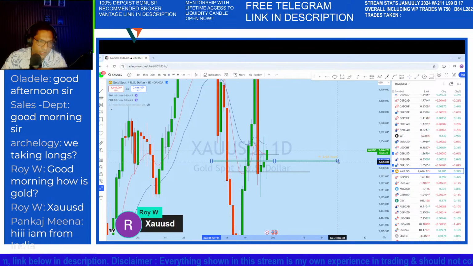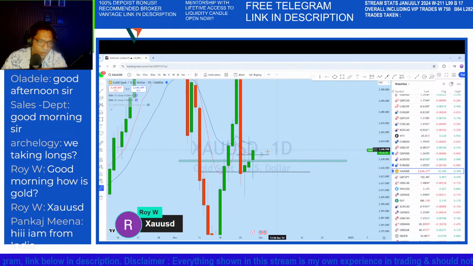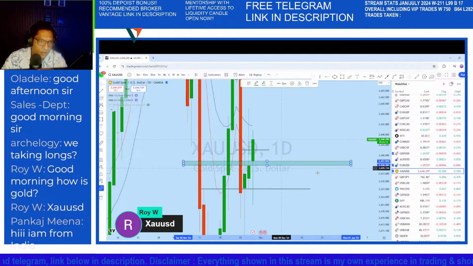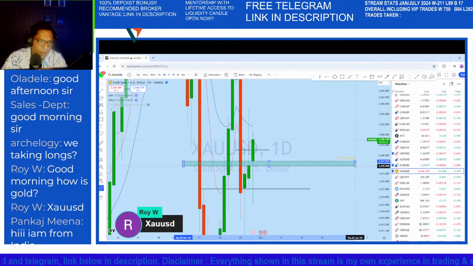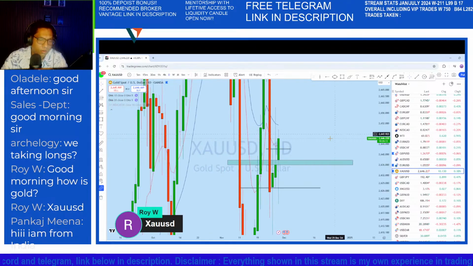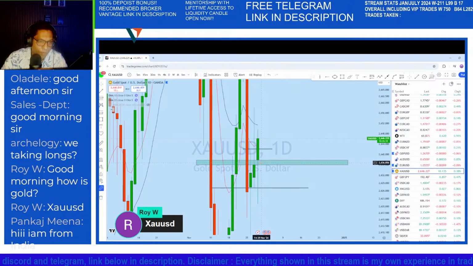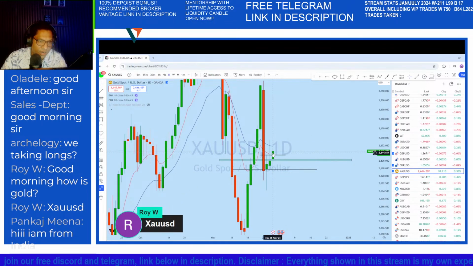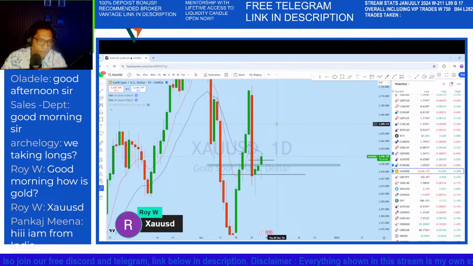And with this, if you look at here, you can see that there is a gap opening. With this gap open, from here there is a bounce. Currently the market is trying to move back up again.